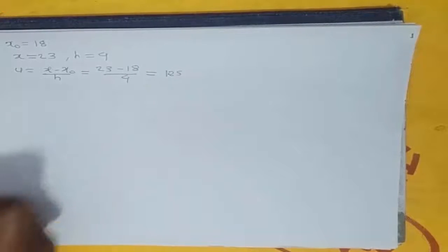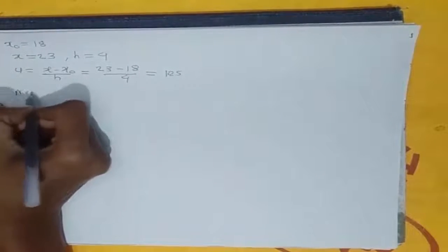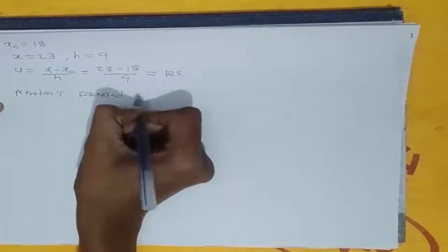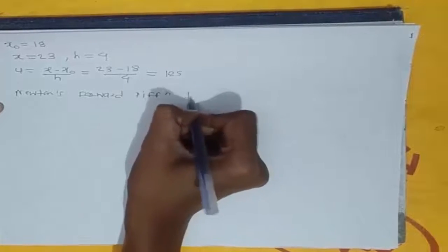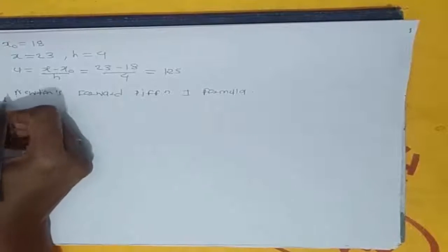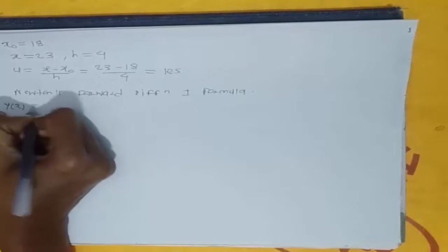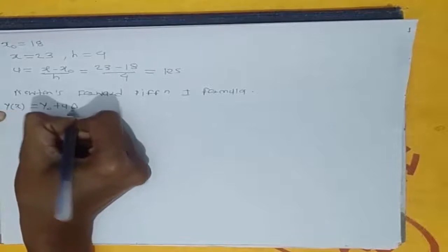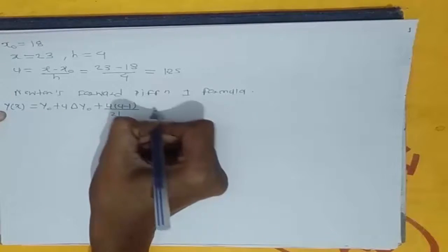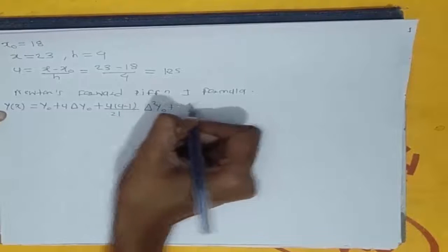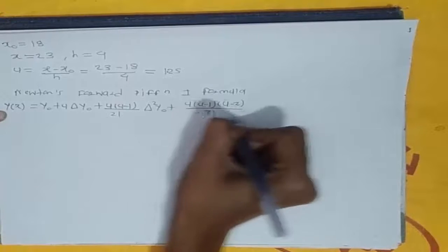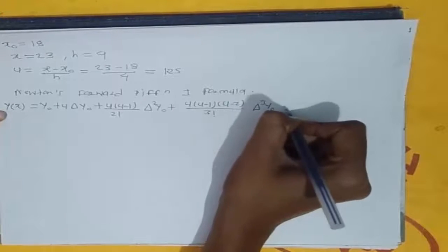Then we write Newton's forward difference interpolation formula: y of x is equal to y0 plus u into delta y0 plus u into u minus 1 divided by 2 factorial into delta square y0 plus u into u minus 1 into u minus 2 divided by 3 factorial into delta cube y0.